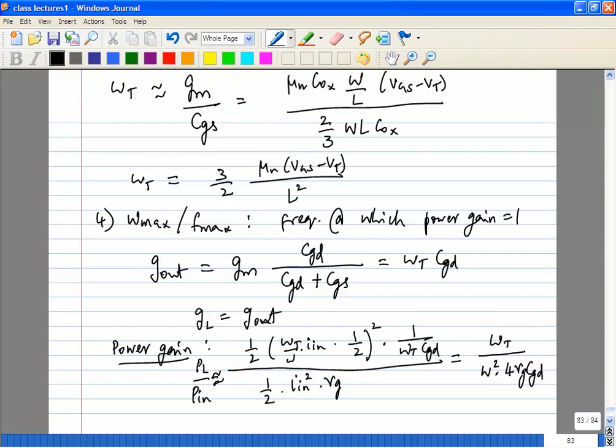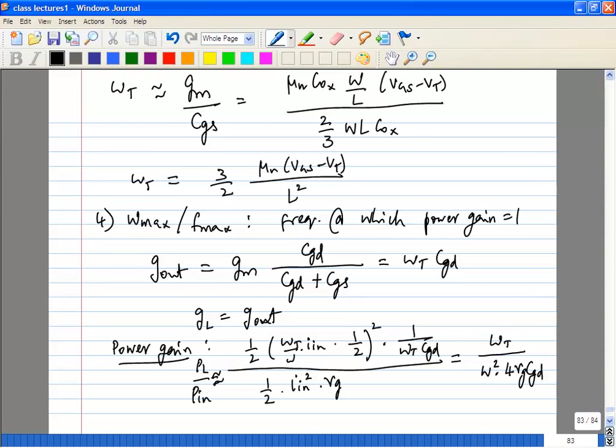You neglect all those things because you want to come down with simpler expressions, because the main idea why you want to come up with expressions for omega t, omega max and so on is to get some insight into how the device is going to behave with respect to, let's say, the length, the width, the overdrive and so on, right? So you neglect a number of things, and in this case you are neglecting the CDB and a bunch of other capacitances. Also GMBS, that is significant. Again, yes, you neglect GMBS for these cases.